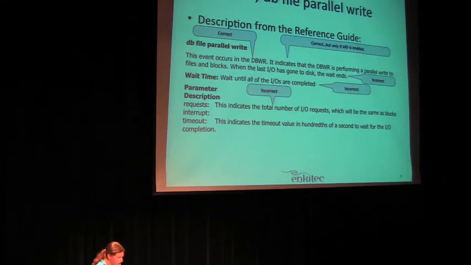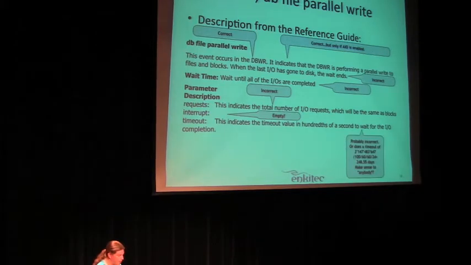The requests of the db file parallel write. The documentation says this indicates the total number of I/O requests, which will be the same number as blocks. Truly incorrect. Interrupt for convenience has been non-documented, and the timeout indicates a timeout value in hundredths of a second to wait for the I/O completion.